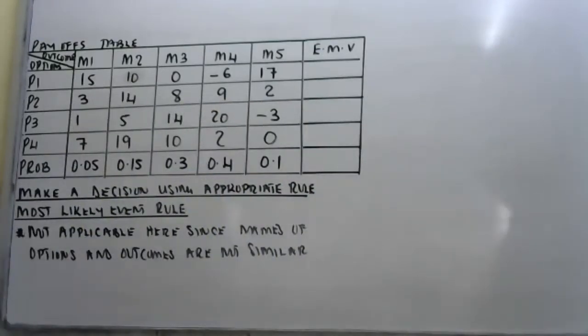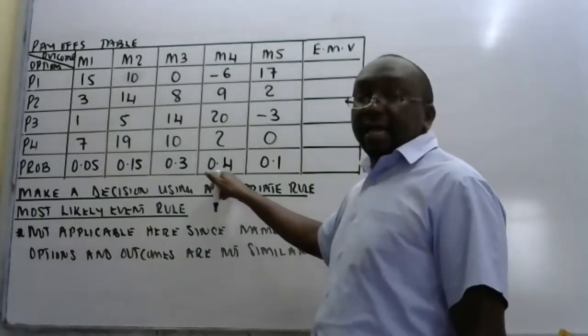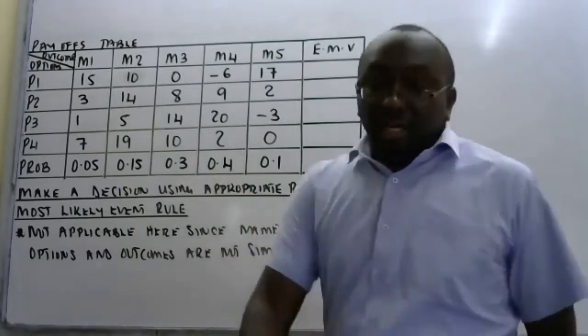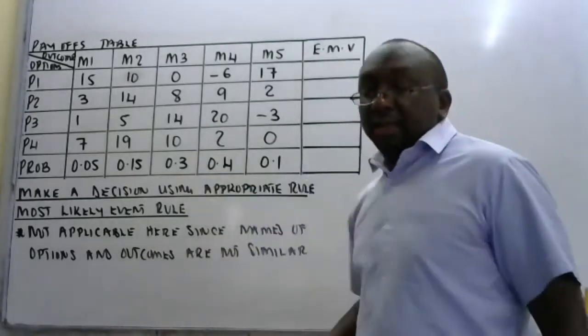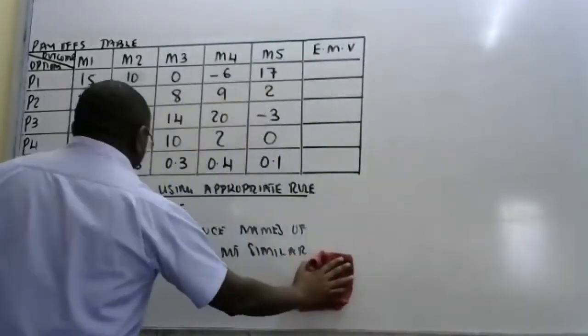So that one cannot be used there because the names are not similar. But if the names were to be similar, you go with the one that has the highest probability. And for more, you'll be able to see in the book, I think I've illustrated. So that is rule number one.